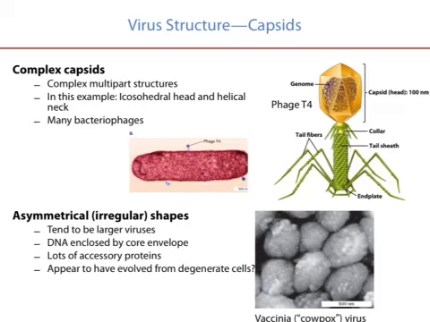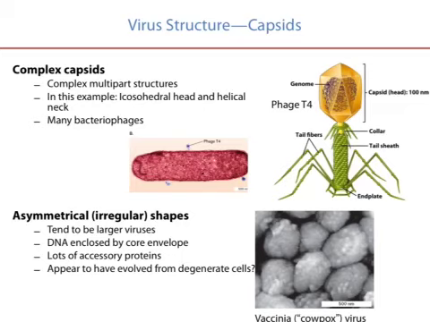But it's interesting here, you have this neck or tail sheath, and it's helical, and then you've got these tail fibers and a collar. So these are a little bit more complex, and as you can imagine, this adds to the number of genes that a virus must encode in order to form the capsid. And if you look at the genome of phage T4, of which this is an example, it actually is quite a large genome compared to the example I gave you of the Ebola virus.